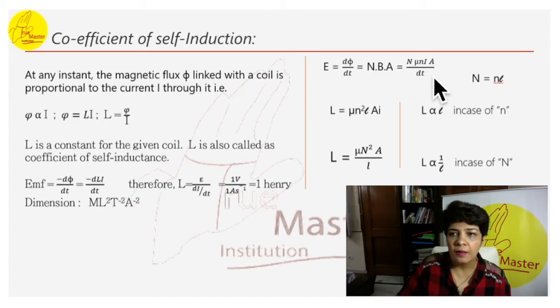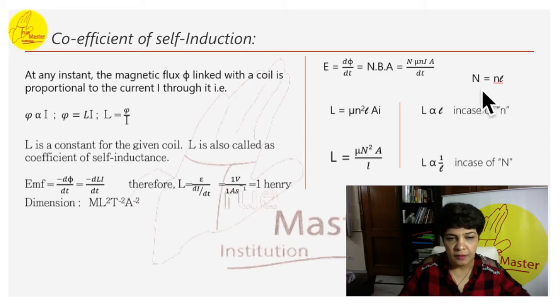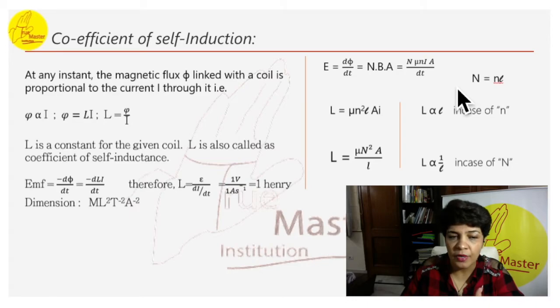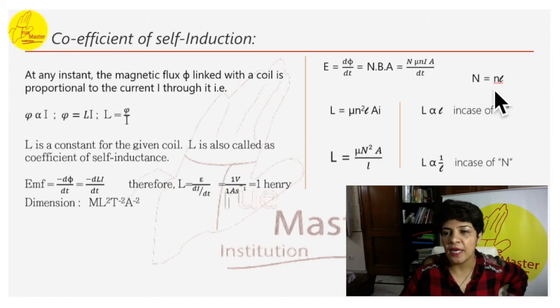Here N is equal to nL. L is the complete length of the solenoid, and the capital N is the total number of turns of the solenoid, so small n equals N by L.